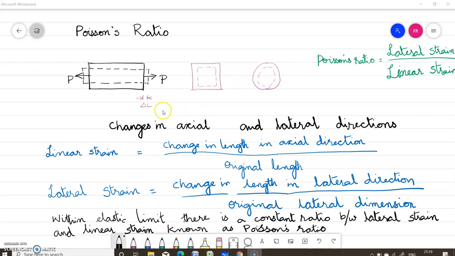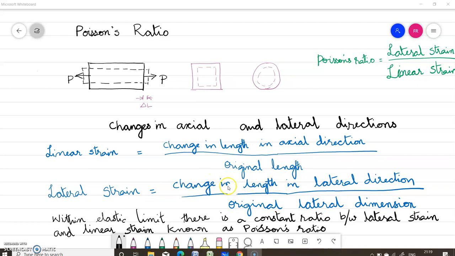So we define the ratio of change in axial length to original length as the linear strain. Now you know what linear strain is. It is the change in length in the axial direction divided by the original length, and lateral strain is the change in length in the lateral direction divided by the original lateral dimension.